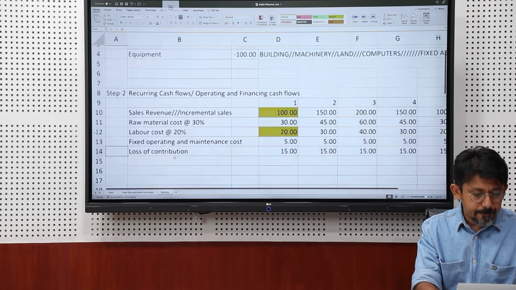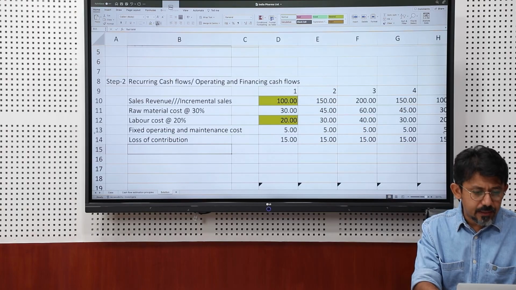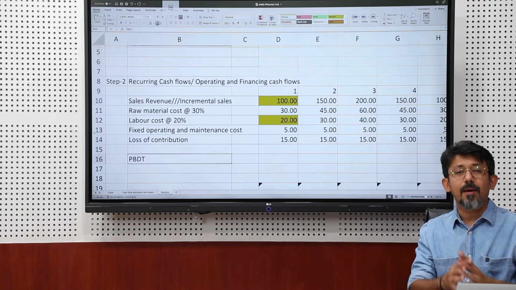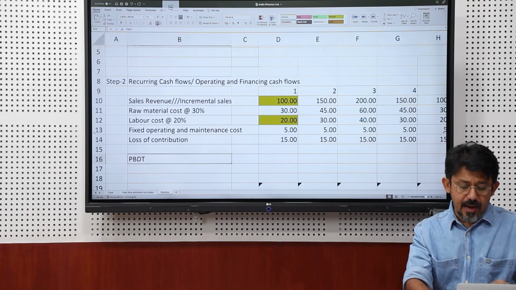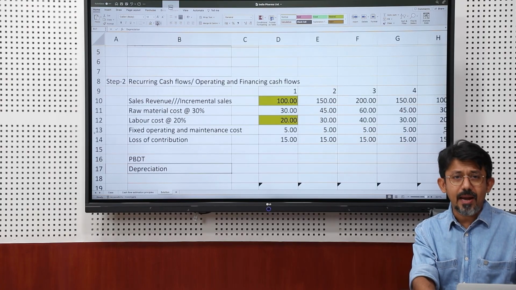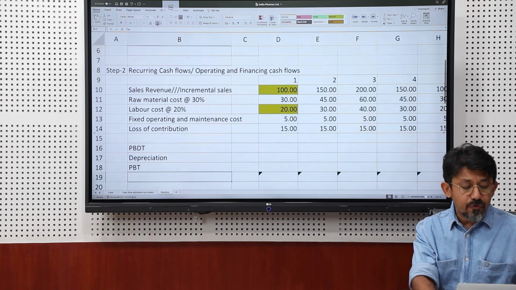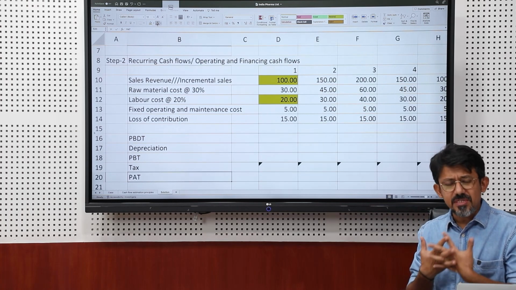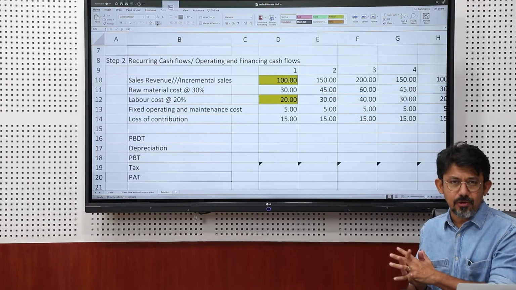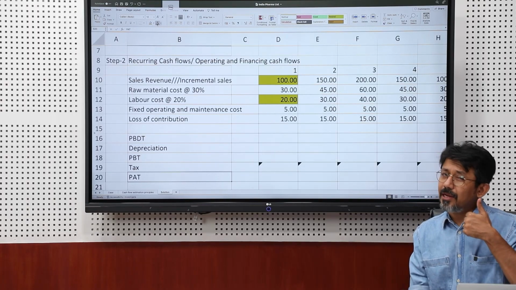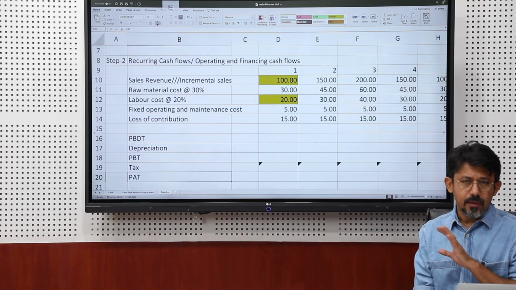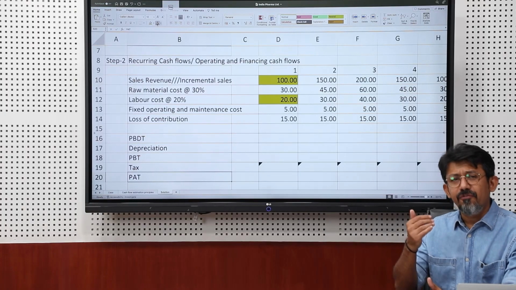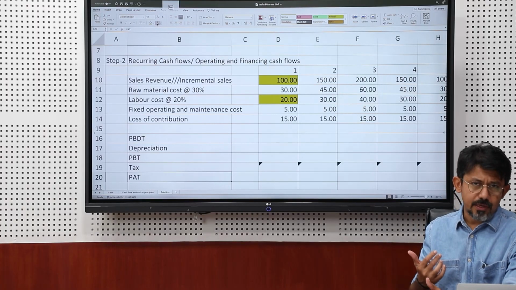So, if I deduct all of these costs, I will come down to PBDT, and if I deduct depreciation from that, I will come to PBT. From that, if I deduct tax, I will come to PAT. So, the first step in my cash flow calculation is to be able to calculate the profit accurately, and after having calculated the profit, we move to cash flow calculation, right.